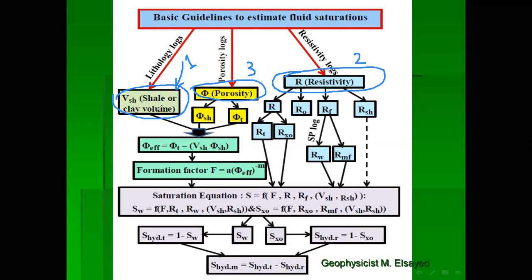And then the sequence goes by correcting the porosity values for the effect of shale by using the formula to estimate phi effective from phi neutron, density, or phi total. And also at the same time we estimate the deep resistivity and the flush zone resistivity, RT and RXO, in addition to the fluid resistivities RW and RMF.